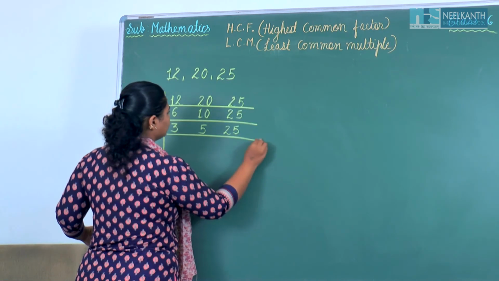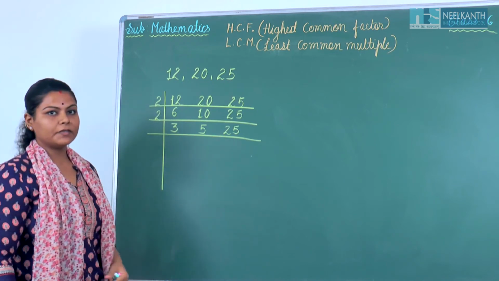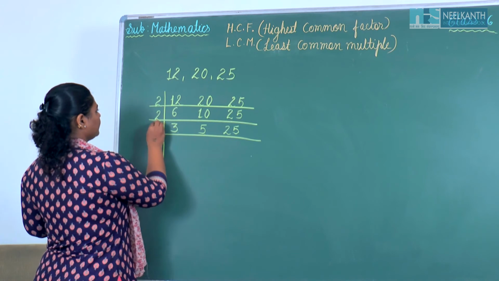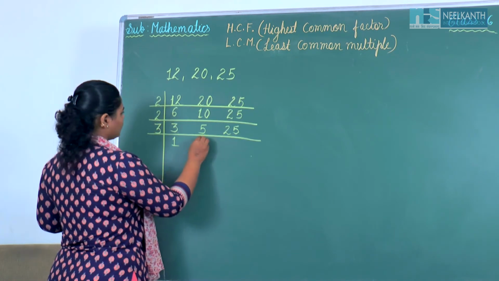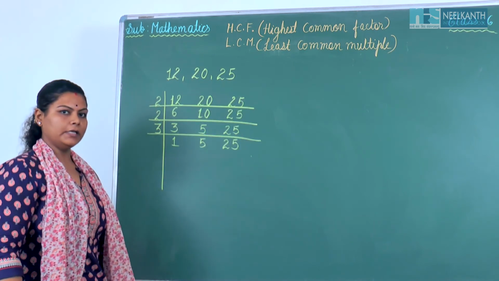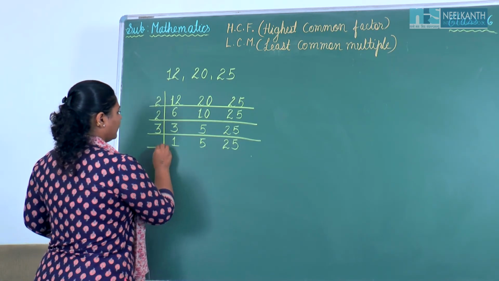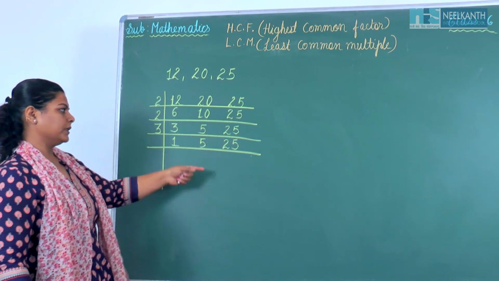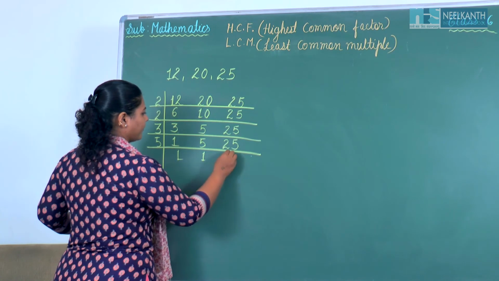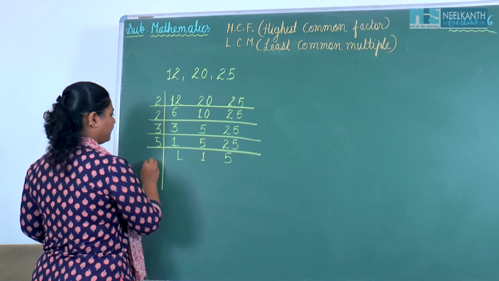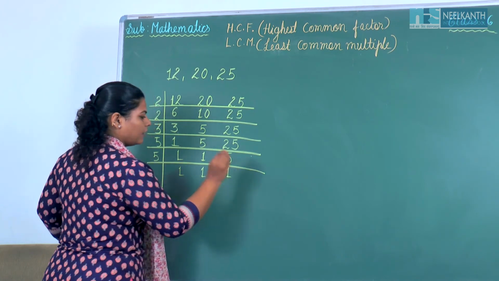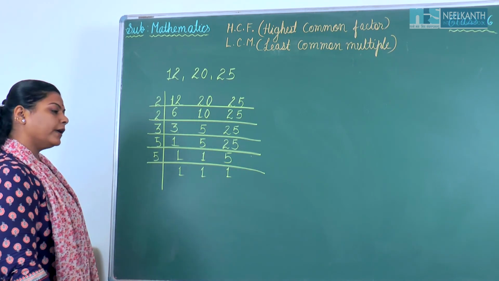Now we can see that none of the numbers is divisible by 2, so we will move to 3. So 3 ones are 3, 5 is not divisible by 3 and 25 is also not divisible by 3, so they remain the same. Now these two numbers are divisible by 5. So 5 ones are 5, 5 fives are 25. And the last step is 5 ones are 5. Here, how to find the LCM?